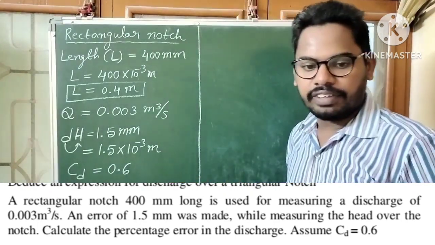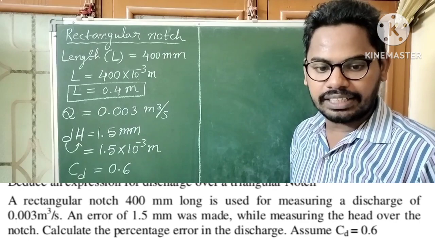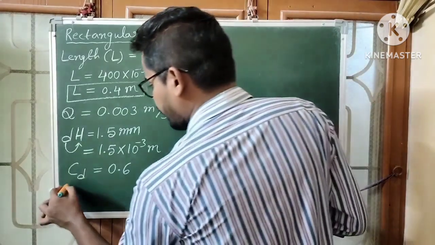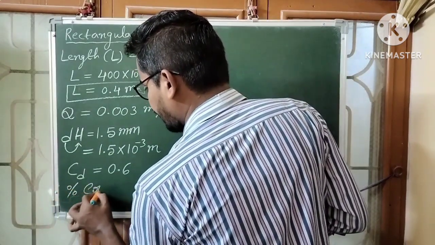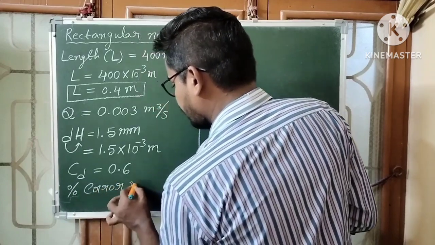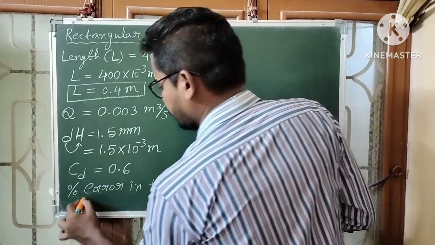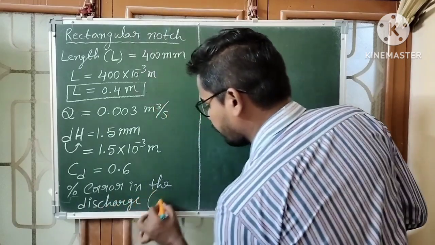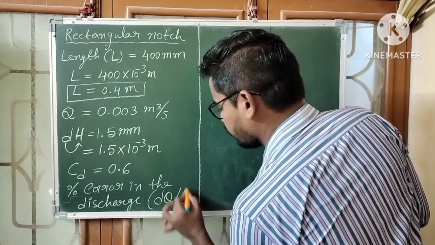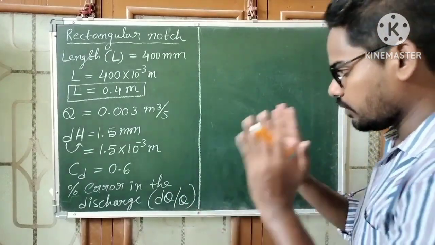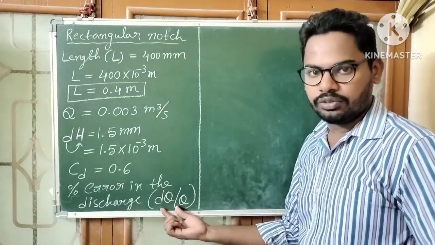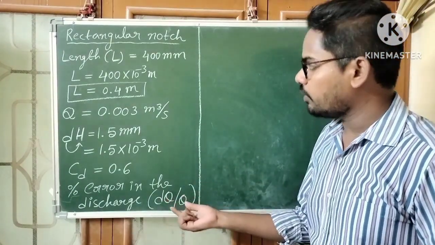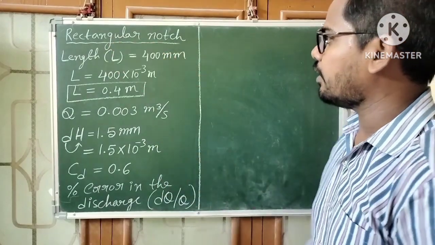Finally, we have to find the percentage error in the discharge, denoted by dQ by Q. What is the formula for dQ by Q in case of a rectangular notch?